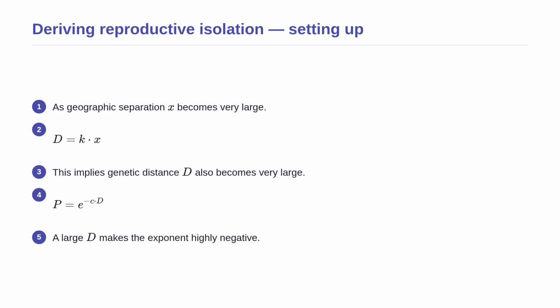This large genetic variation is then fed into our exponential decay model for mating probability. Because the exponent is negative, as d increases, the entire exponent becomes a large negative number. This mathematical setup perfectly mirrors the biological reality of populations drifting apart genetically as they migrate around a barrier.